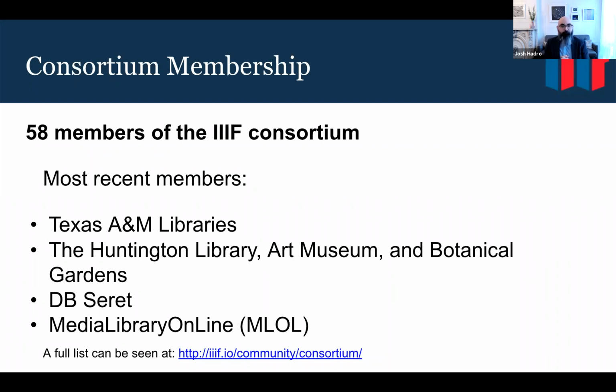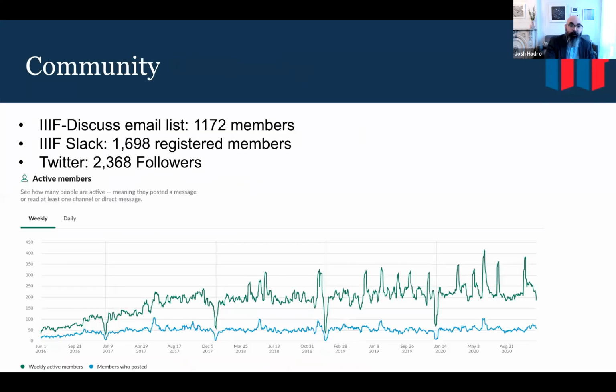So it's still a thriving body of institutions that are supporting the work that we do. You can see the full list at that URL down there. And of course, if that's something you're interested in, please get in touch with us. There are a couple different levels at which you can join the IIIF Consortium and support the work that we're doing, like conferences like these.